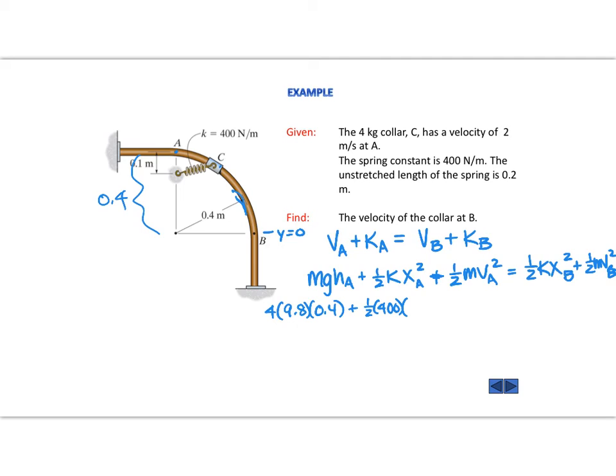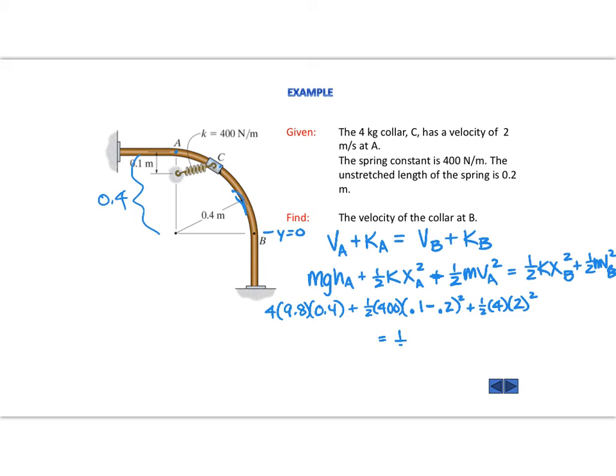And so if I want to measure x from the equilibrium position, notice that when it's at point A, the length of the spring is 0.1, but I need to subtract 0.2 and then square it, because I'm going to need to subtract that 0.2 from any length to find the extension. Then I have 1/2 times 4 times 2 squared.